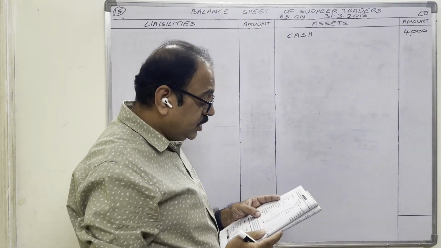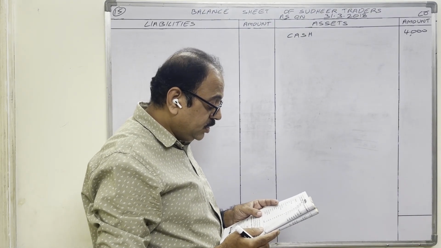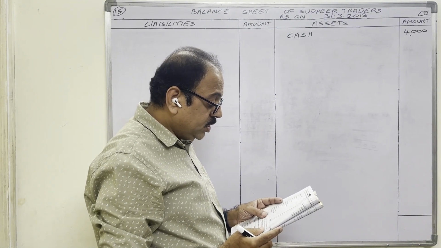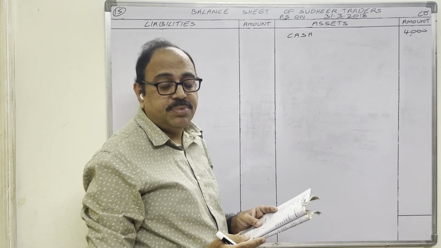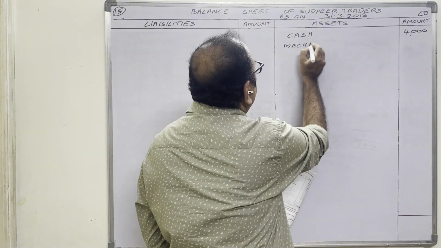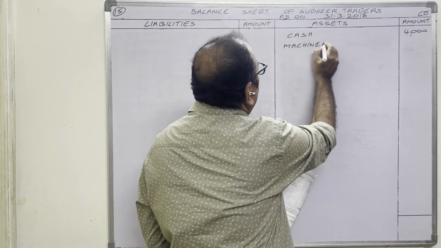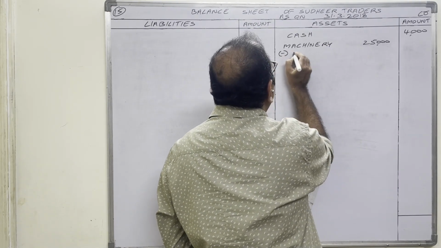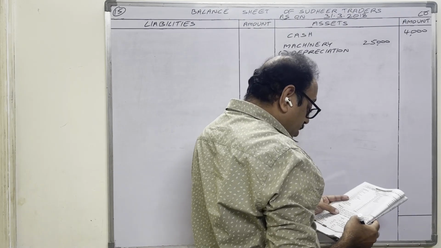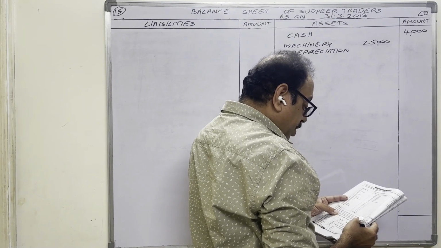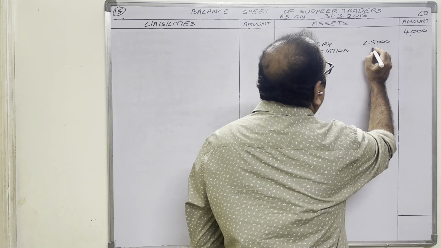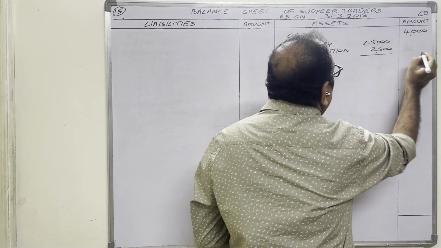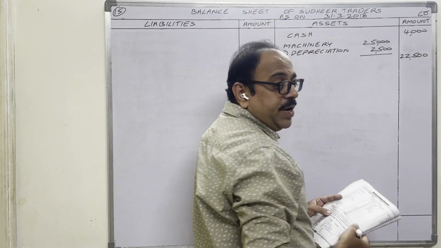Purchases, returns, wages, power and fuel, salaries, clearing charges, carriage on purchases, opening stock, machinery. Machinery is an asset. Depreciation is given, therefore in inner column 25,000 rupees minus depreciation. In the profit and loss account we have calculated it: depreciation on machinery 2,500 came. Remaining amount in outer column 22,500.